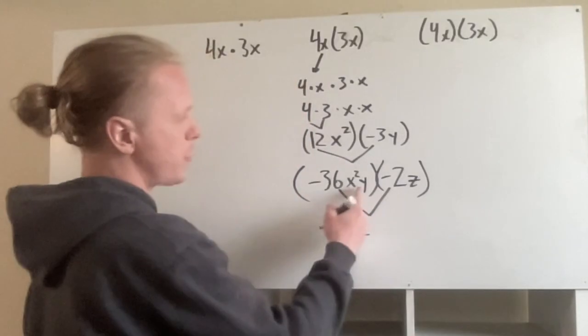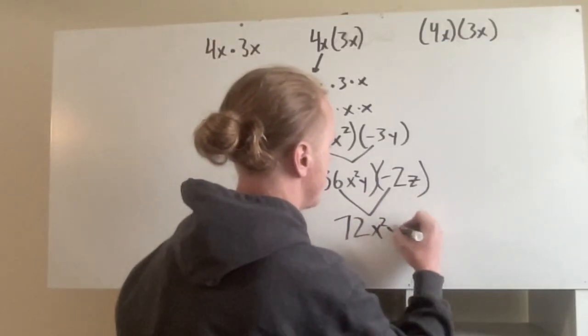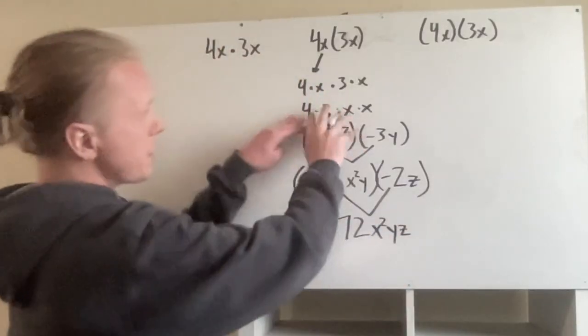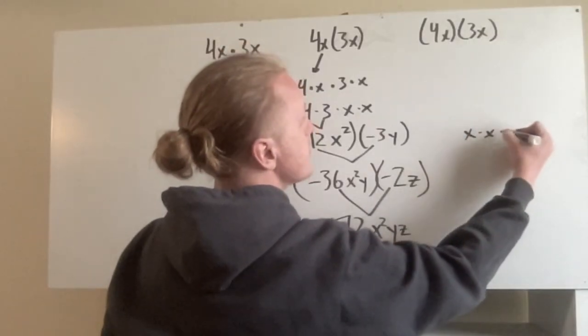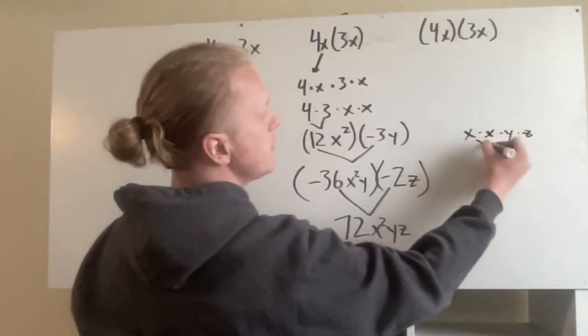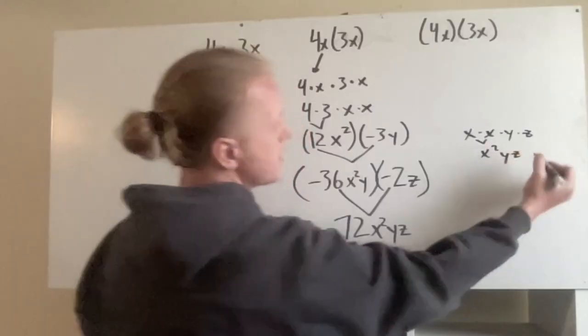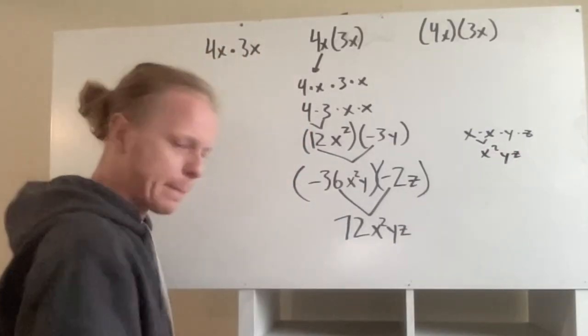And then x squared y, and then I just tack on the z. X squared y z, right? Because when I break all these out and I'm multiplying them all together, it'll come out to x times x times y times z. These become x squared, and then we just have y z. Okay, 72 x squared y z.